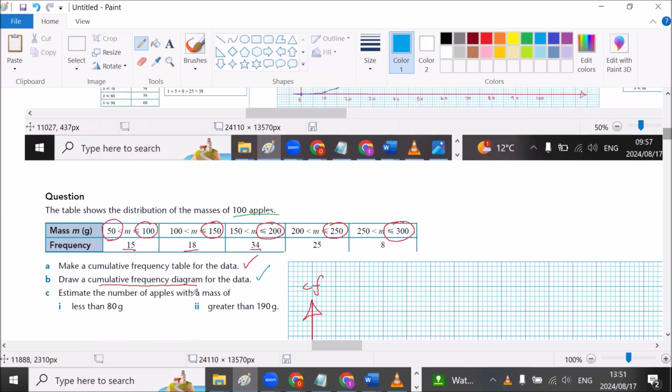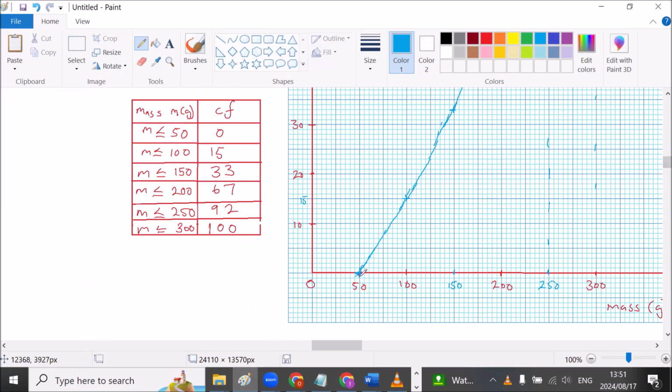Estimate the number of apples with a mass of less than 80 grams. So we go to 80. This is 50. 2 squares represent 10. So this is 60, 70, 80. So 80 is here. And we take our straight line up with a ruler to the graph.